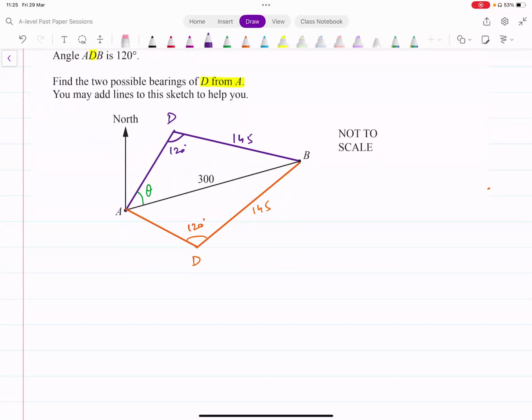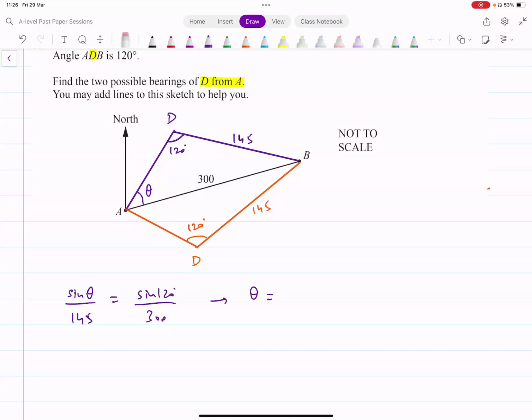In the upper triangle, let's use the sine rule. What does that give us? We could say sine of theta divided by 145 is equal to sine of 120 divided by 300. And that's going to give us a value for theta. So sine theta equals 145 times sine of 120 divided by 300.